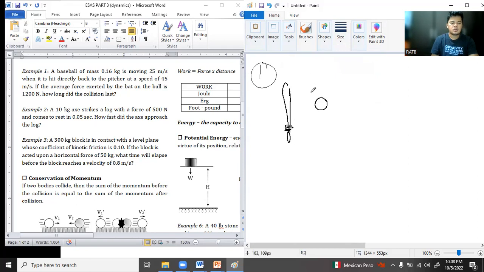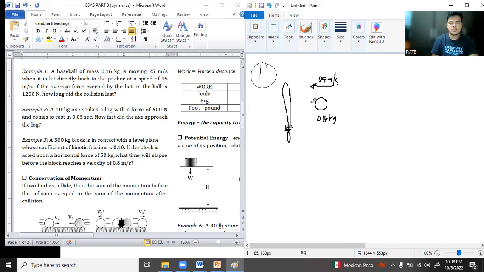The baseball, the mass of which is 0.16 kilograms, is moving initially at 25 meters per second.